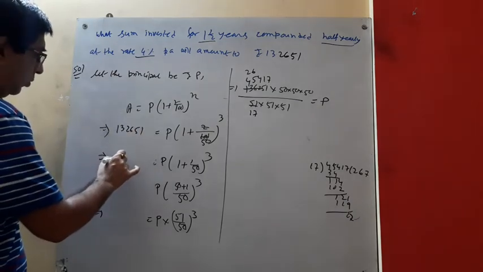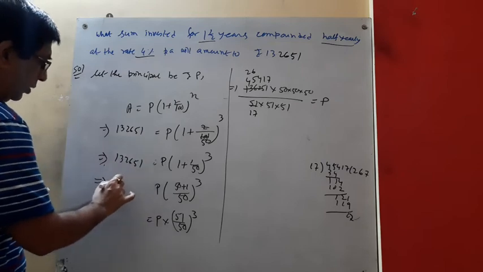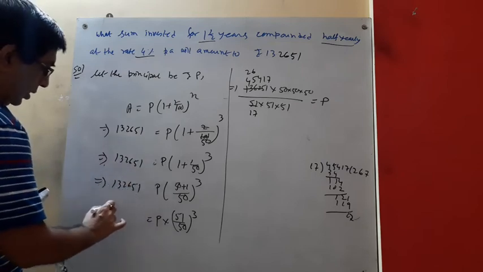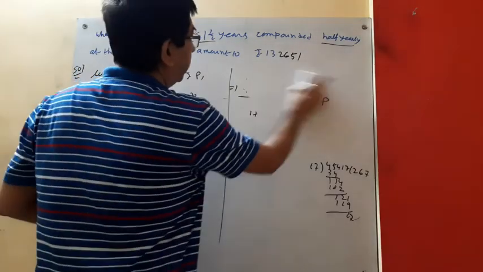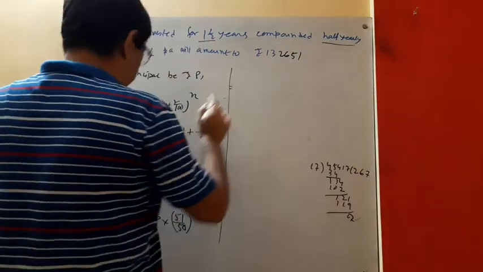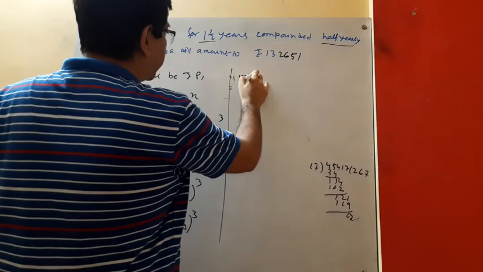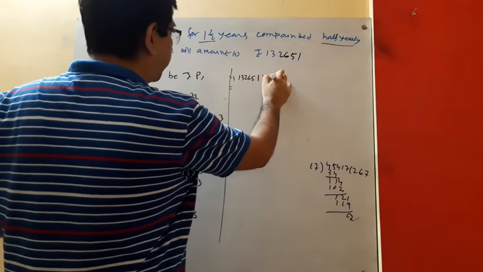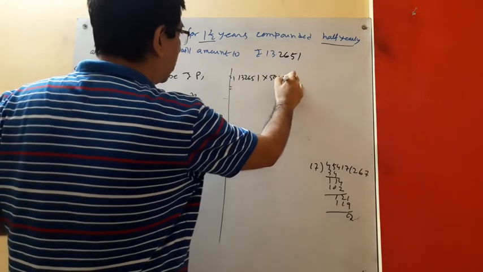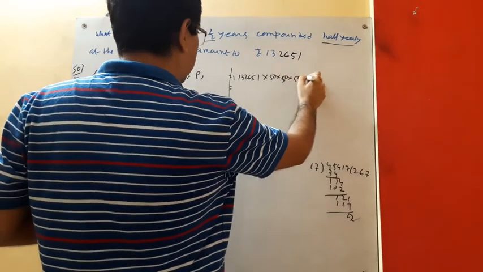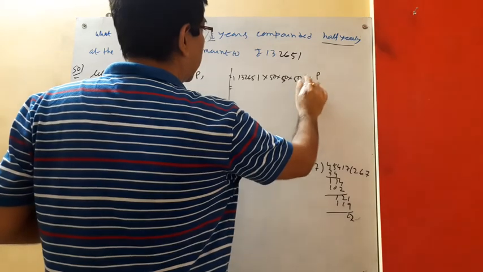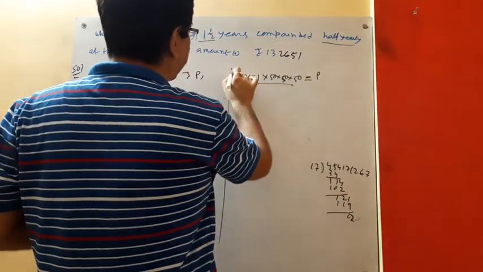132651. Right? So it is coming 132651 into 50 into 50 into 50, right, equal to P into 51 into 51 into 51.